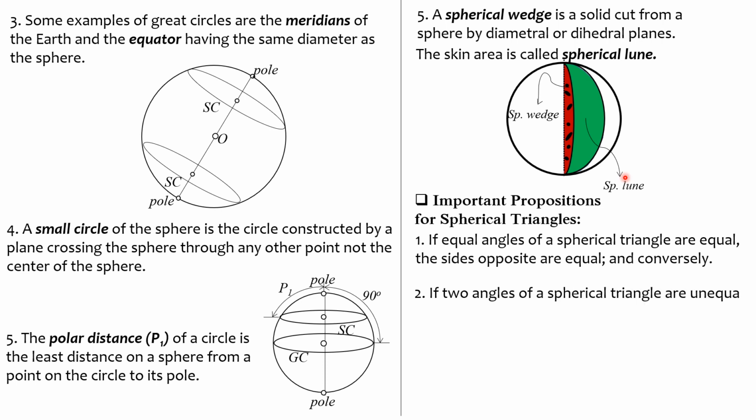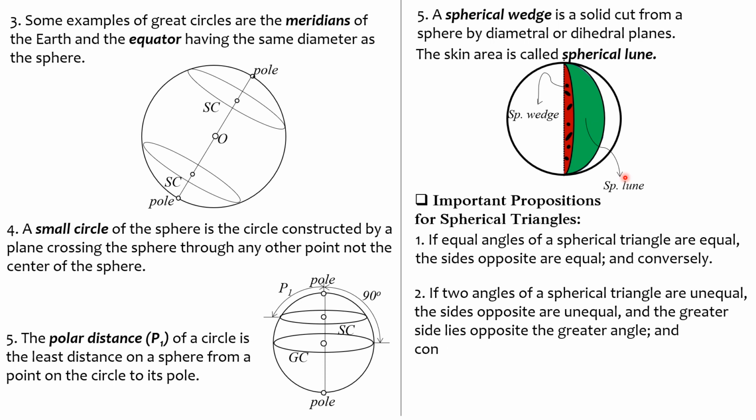If two angles of a spherical triangle are unequal, the sides opposite are unequal, and the greater side lies opposite the greater angle, and conversely. So it's also not a characteristic to be worried about, because this characteristic is also true for plane triangles.